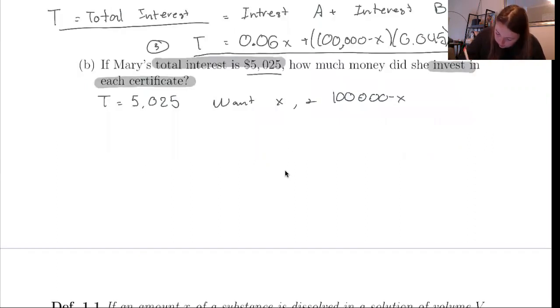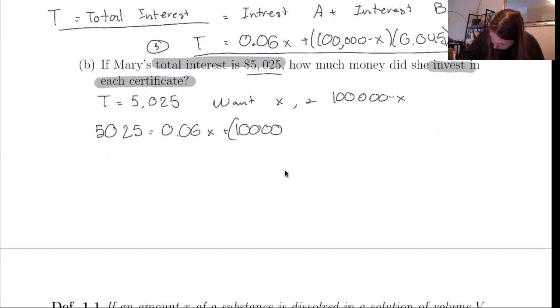So we're going to set 5,025 equal to 0.06X plus 100,000 minus X times 0.045. And I'm going to distribute that 0.045, just to make our life a little bit easier, because I want to combine all my X's together.